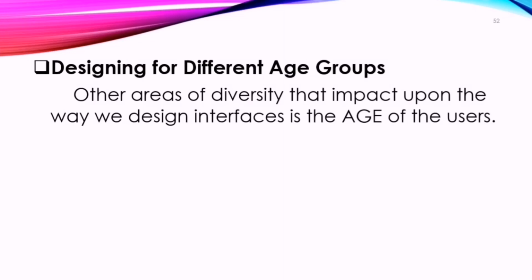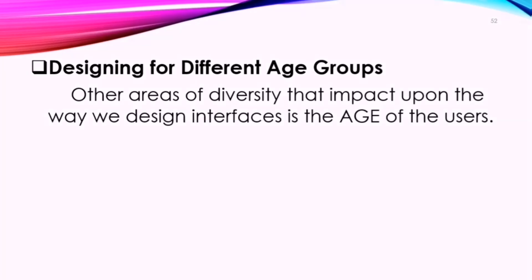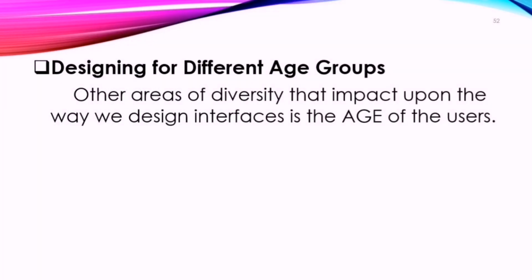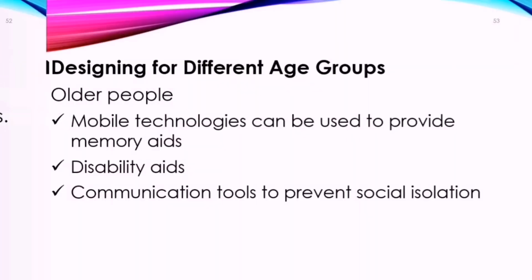Now, let us consider the different age groups when designing. Other areas of diversity that impact the way we design interfaces is the age of our users. In particular, older people and children have specific needs when it comes to interactive technology.